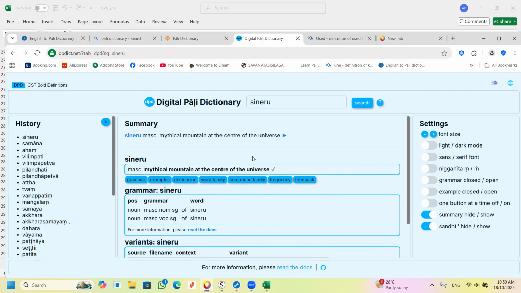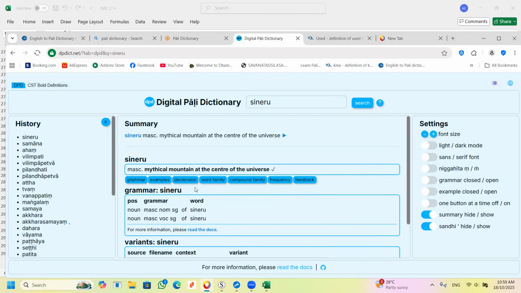So that is a scenario, because the first thing, if they want to go to Tawatimsa, they have to pass the scenario first. Slightly below the scenario is the Chatu Maharajika. So the sand dropped on there, something like that. I cannot remember exactly. So the scenario is definitely not referring to the Tawatimsa.